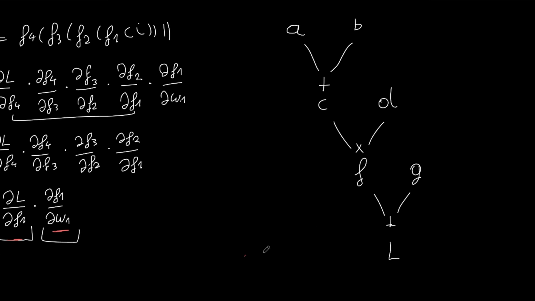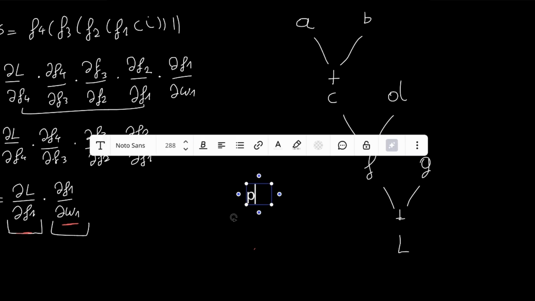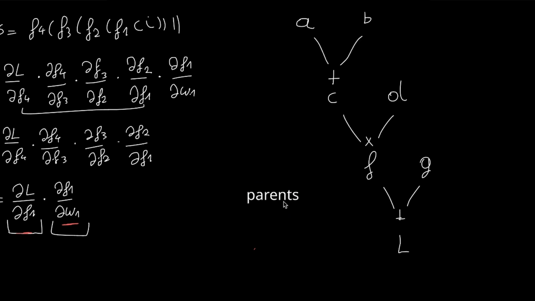Well, we first need to know which tensors were involved in eventually getting this loss value. And here you can easily see it in graph format, but we need some way in our C++ code, in our tensor class, to keep track of this entire graph. And the way we are going to do this is by introducing a parents member variable for each tensor.